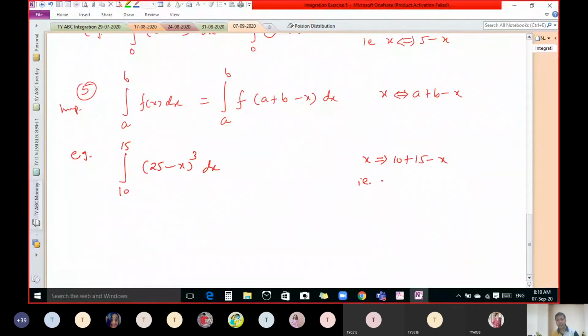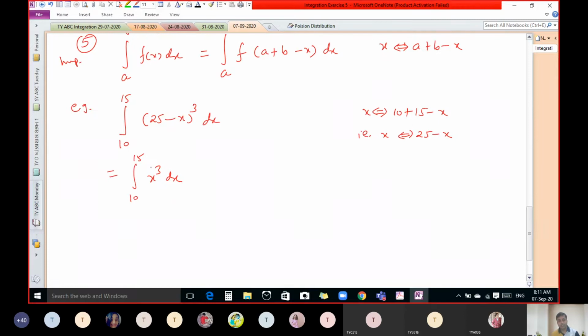That is, in place of x you can write 25 minus x, and vice versa is also true. So in place of 25 minus x you can write x only. So our question becomes only this, x raised to 3 dx, and range remains same. So either you can find out the answer of this question or this question, your answer remains same.